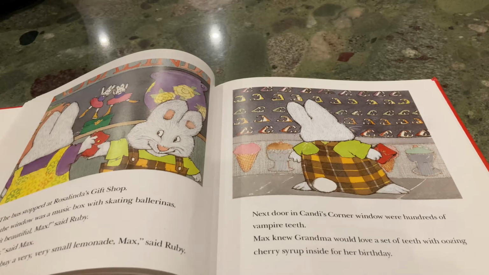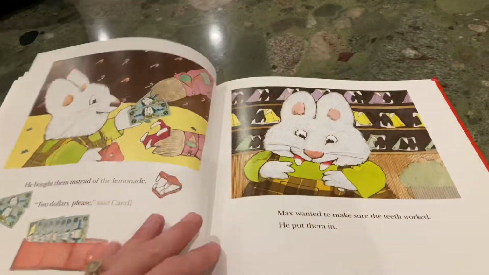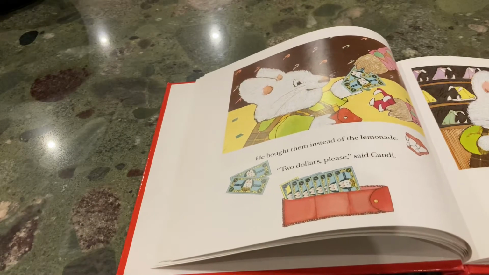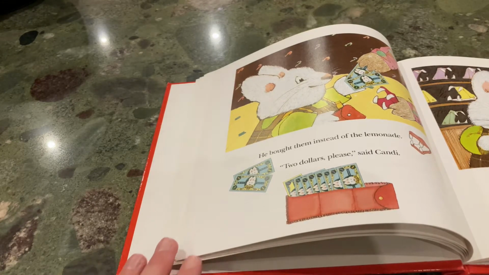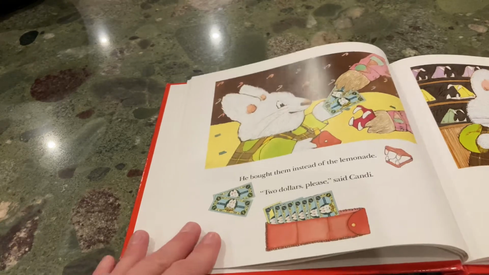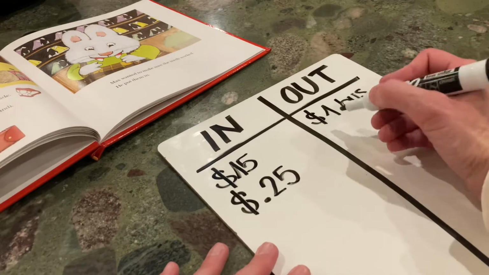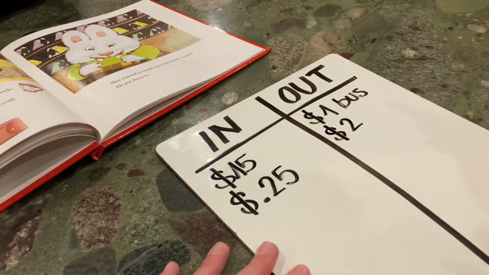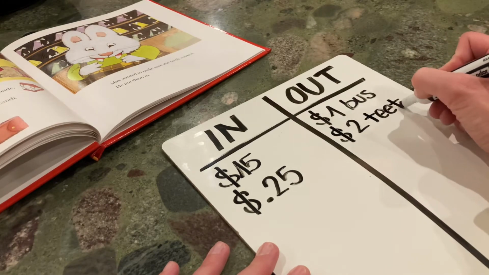It seems to me that Max has identified a want. He bought them instead of the lemonade. "$2, please," said Candy. So back over here, we're going to write $2 in the "out" column for teeth.